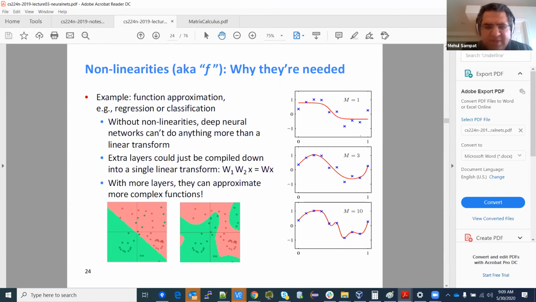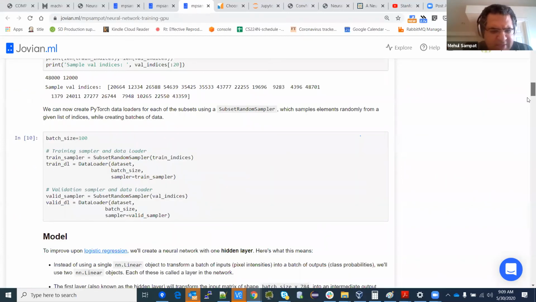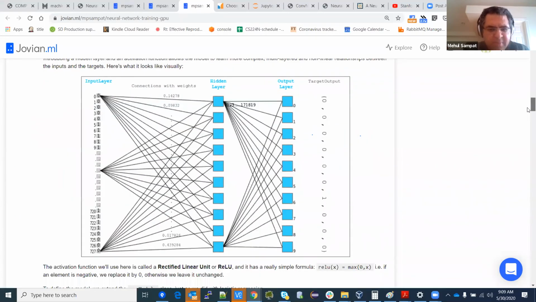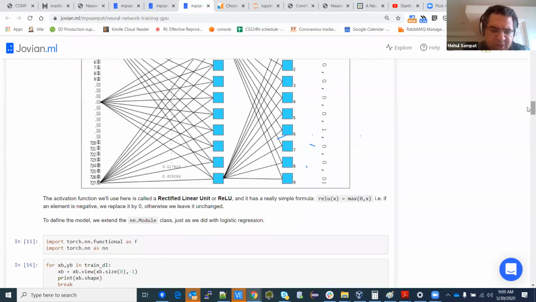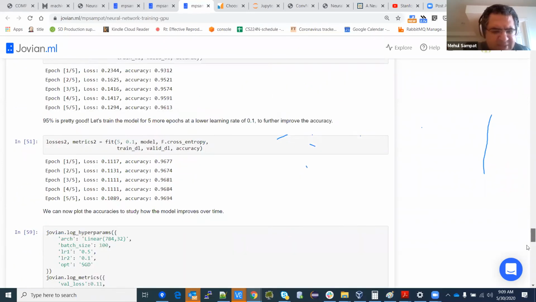Because I'm running out of time, I was going to show you the difference. I basically built a neural network with just one hidden layer. What I wanted to do here was compare a simple logistic regression with a one hidden layer neural network, and see the difference in performance. I'll post the links to this.